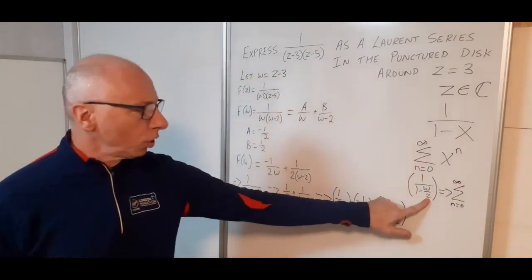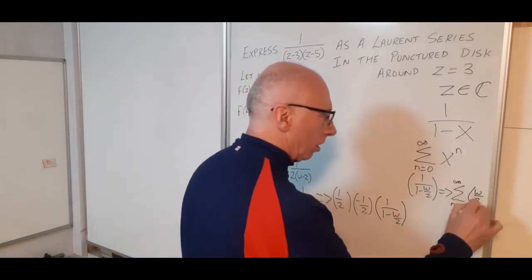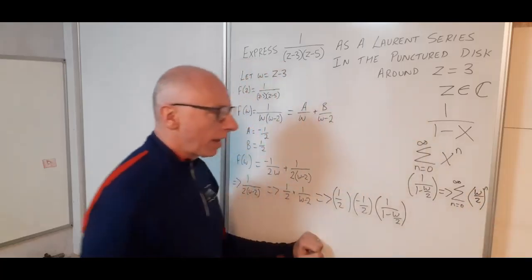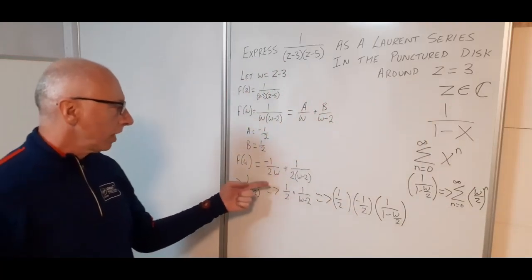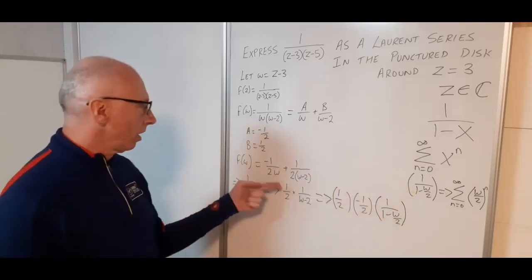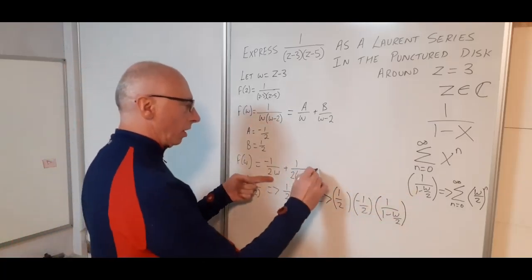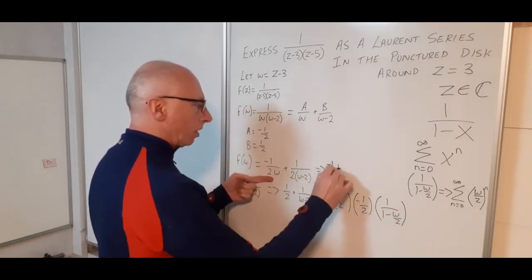All I need to do now is put the w over 2 to the power of n. So that's what I've got there. Okay, so now I'm going to rewrite this with these bits added into this. So minus 1/2 and then w. So I've got my w there.